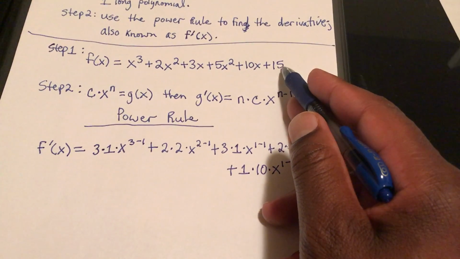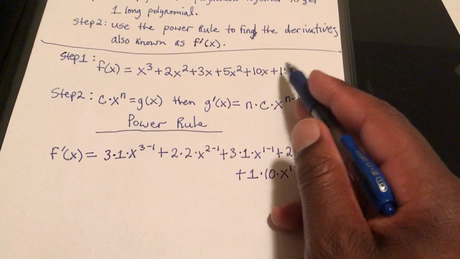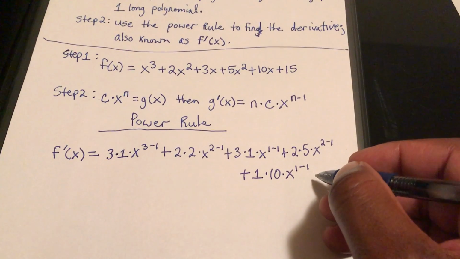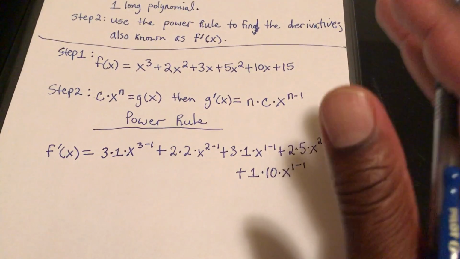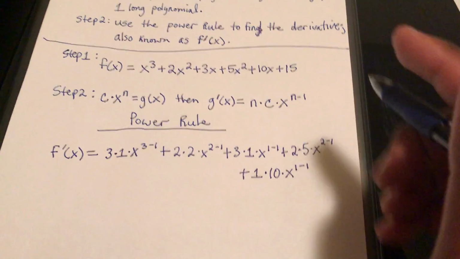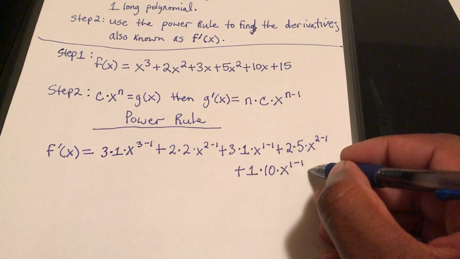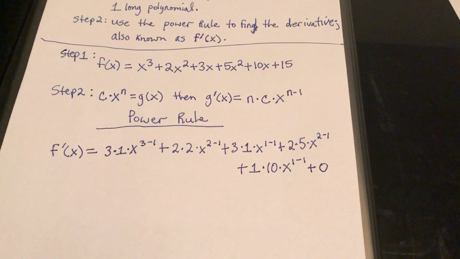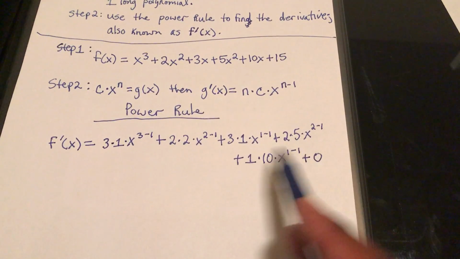Then the derivative of a constant, which is just a number with no variable attached to it, that's called a constant. It can have a variable attached to it, being multiplied by it, but just the constant by itself is just a number by itself. Okay, so the derivative of a constant, any constant, is 0. All right, so this is the derivative of f prime of x.